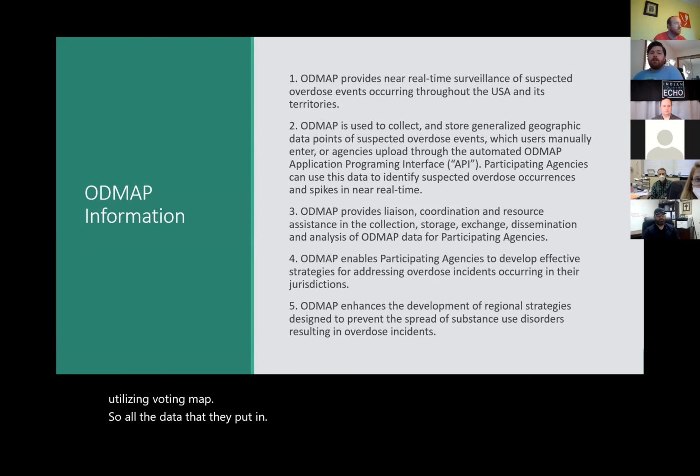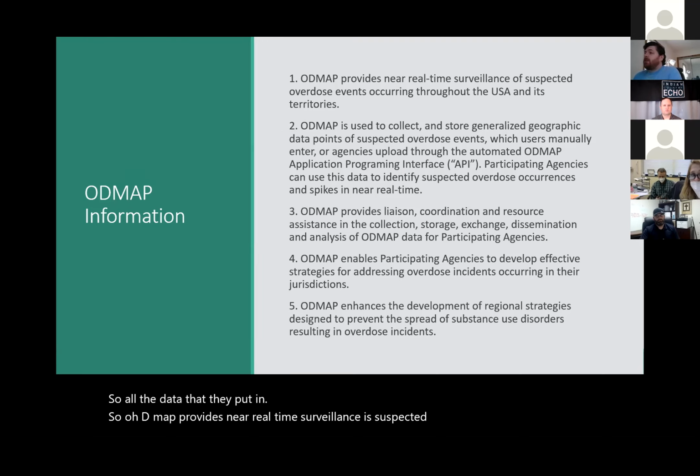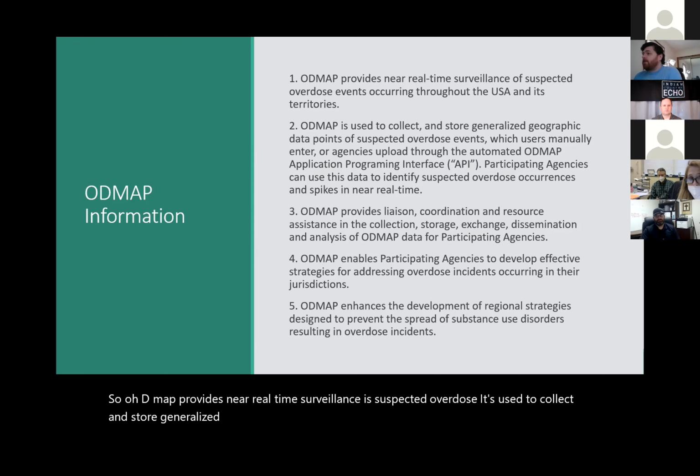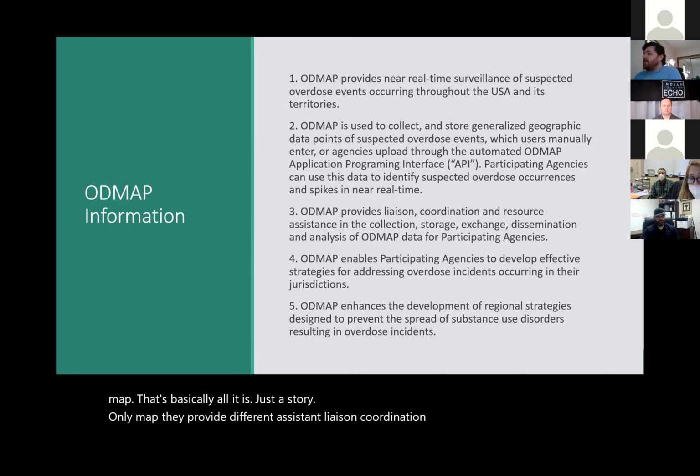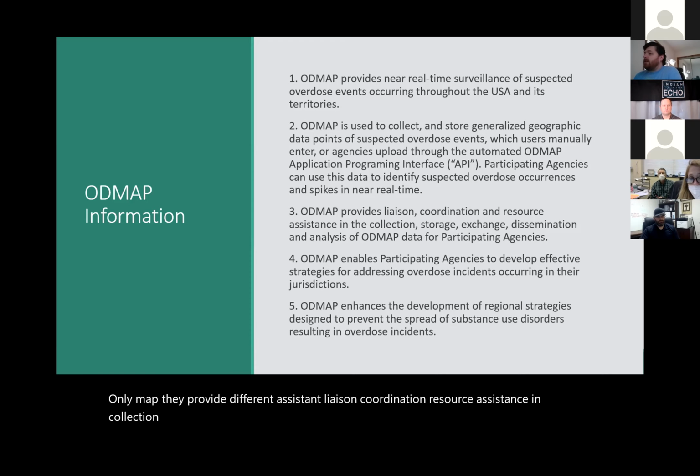ODMAP provides near real-time surveillance of suspected overdose. It's used to collect and store generalized geographic data points. So it just stores it and you can see it on the map. That's basically all it is, just storing. ODMAP provides different assistance, liaison, coordination, and resource assistance in collection, storage, dissemination, and analysis of the data.